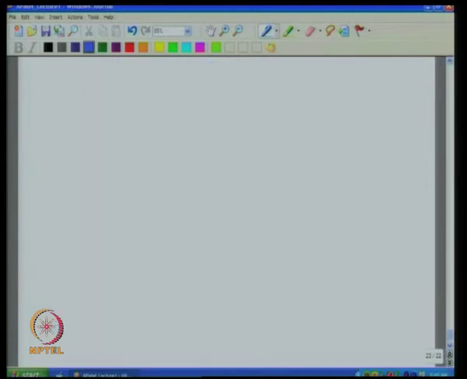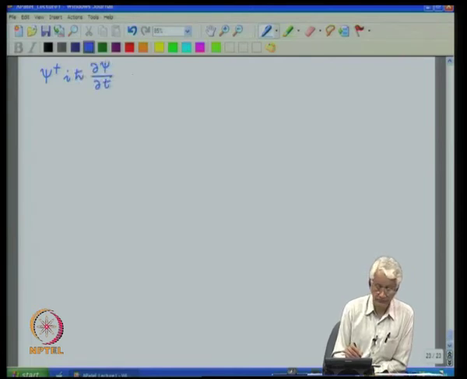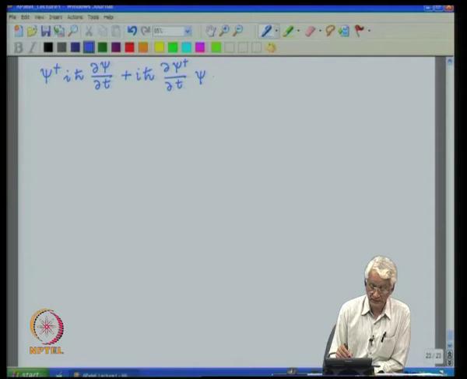And that relation can be easily seen now to be the combination. This is the time term, then you subtract its complex conjugate version.